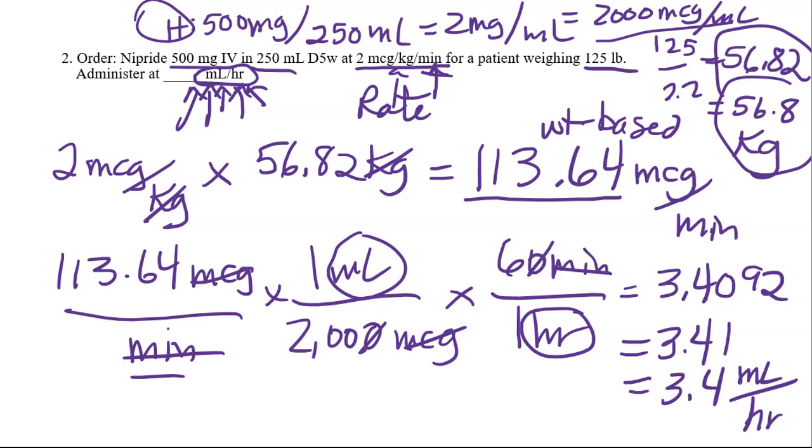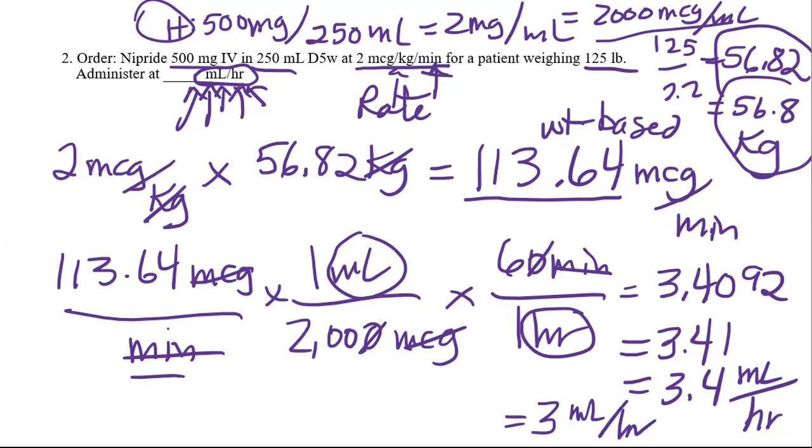And then we needed hours, not minutes, because that's what they're asking here. So we did 60 minutes per hour. We canceled out all the things that were the same on both sides, and we simplified our math, and this is our answer right here. Also, the answer could be 3. If we're doing a single answer, this would be 3 mLs per hour.